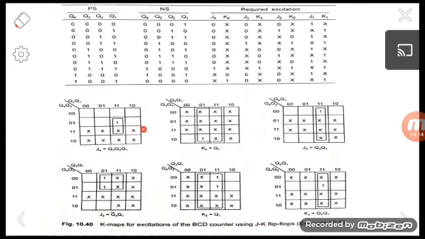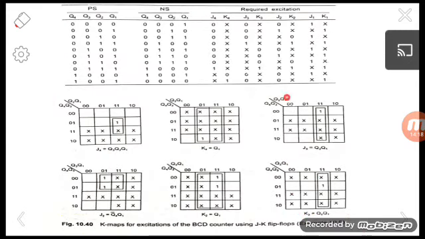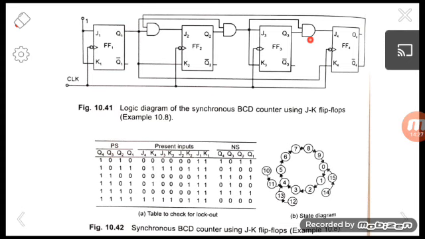Using Q2 and Q2 bar we will write the excitation for J2 and K2, and J1 and K1, like that. So this is the corresponding excitation table, and these are the corresponding K maps for J4 K4, J3 K3, J2 K2, J1 K1. And this is the circuit we obtain.